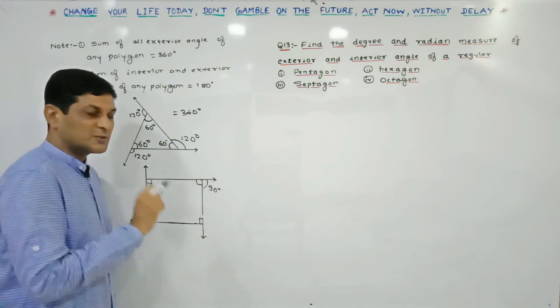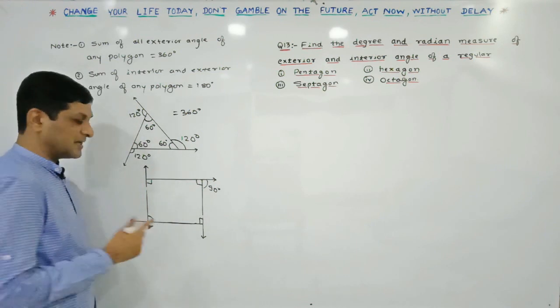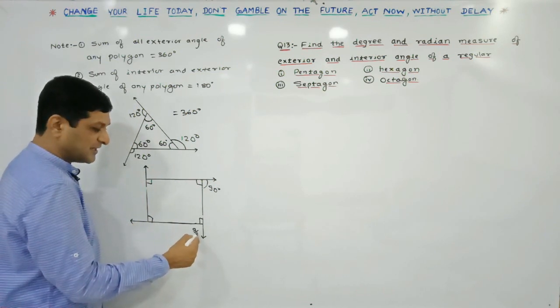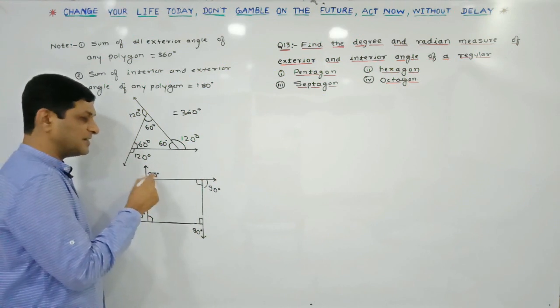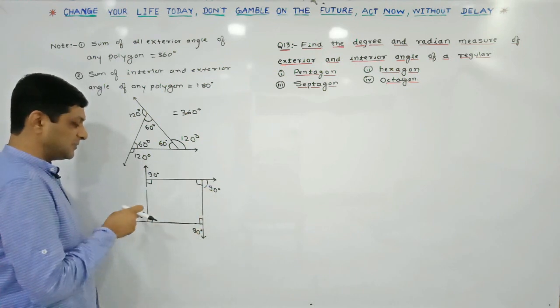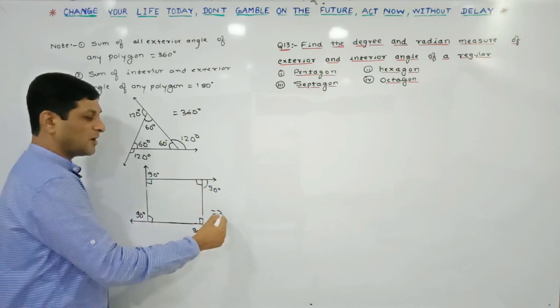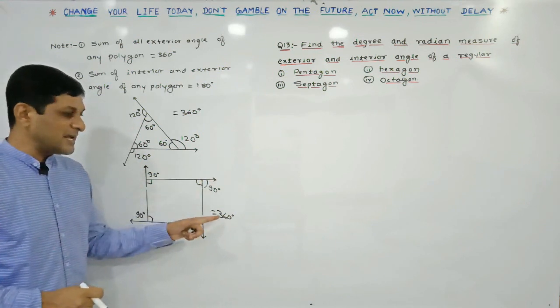Their sum is equal to 180. So if one angle is 90, definitely another angle is also 90. In the same way, here also we will get 90 degree, here also we will get 90 degree, and here also we will get 90 degree. And the sum of all exterior angle, 90 plus 90 plus 90 plus 90 will be equal to 360. So here also sum of all exterior angle is 360.